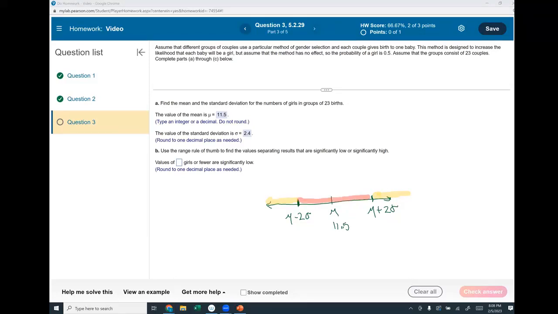So this is significantly high, significantly low, and in the middle here is not significant.